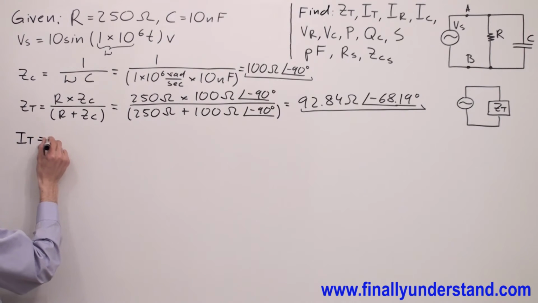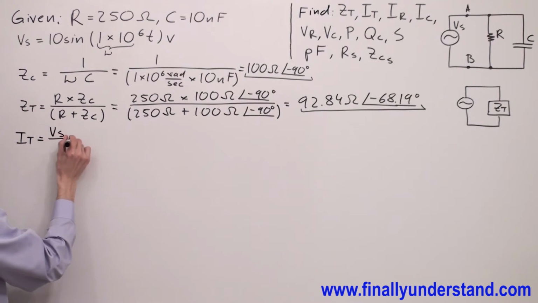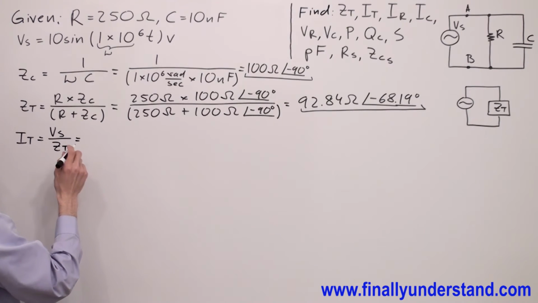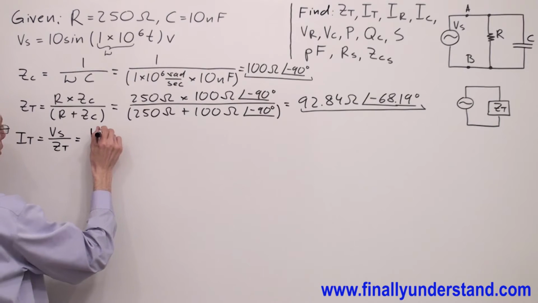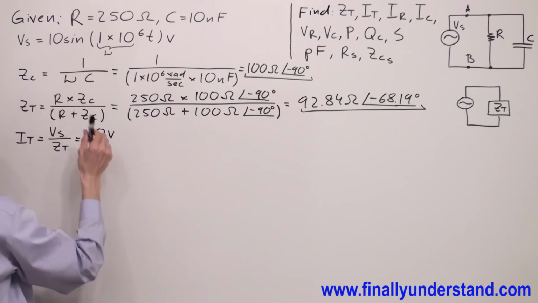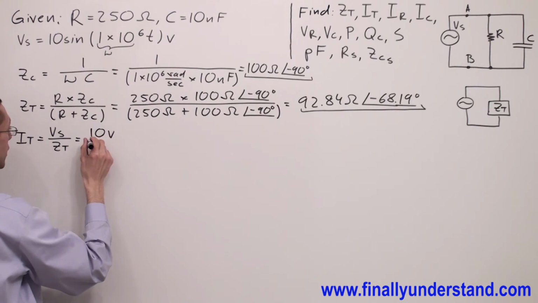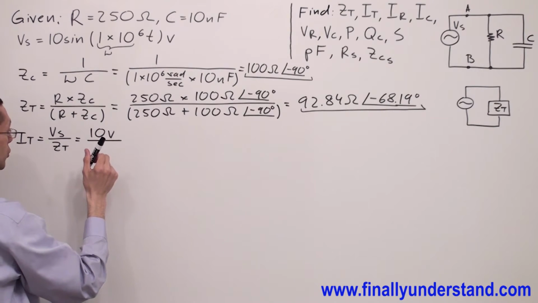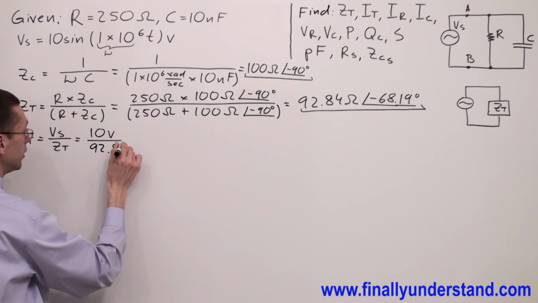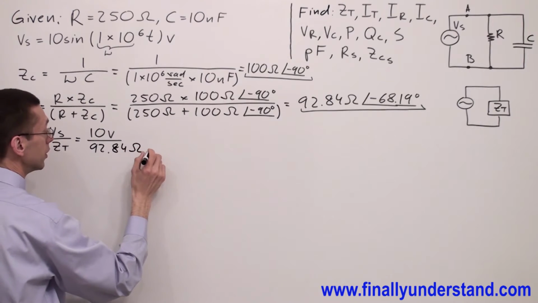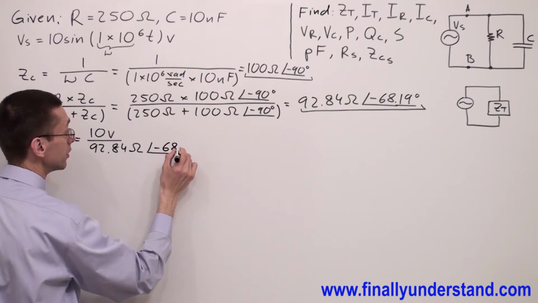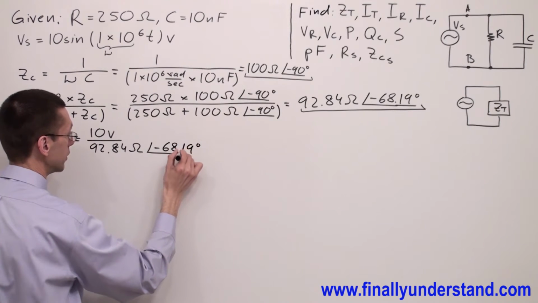I total is equal to voltage source over Z total, where voltage source is equal to 10 volts, of course peak, because this is the magnitude, so I have 10 volts peak over Z total, 92.84 ohms and angle of negative 68.19 degrees.